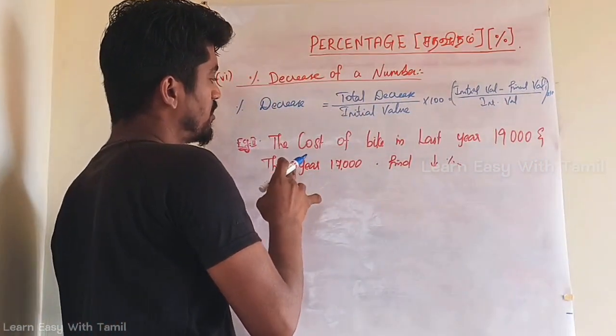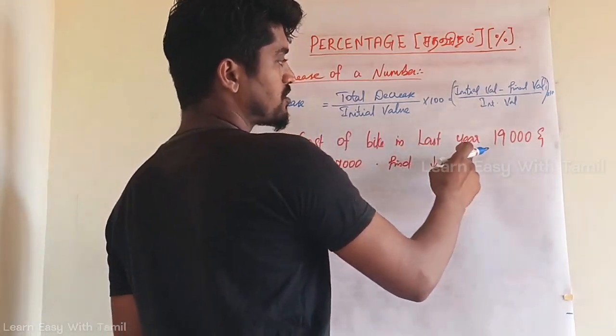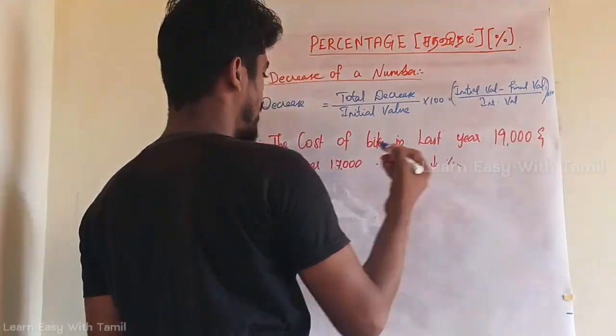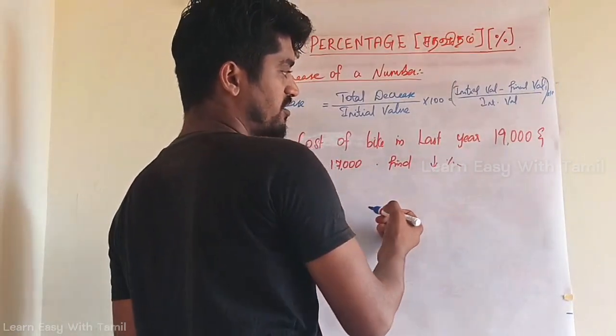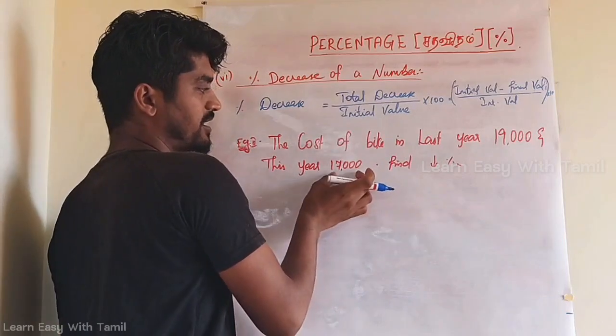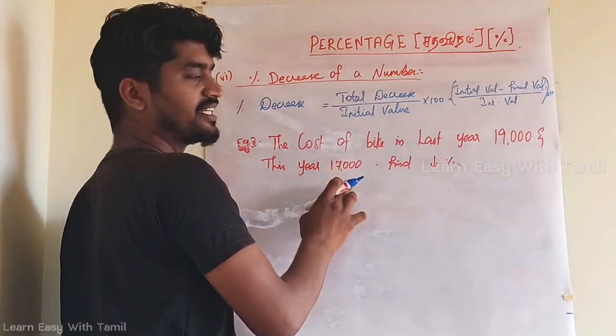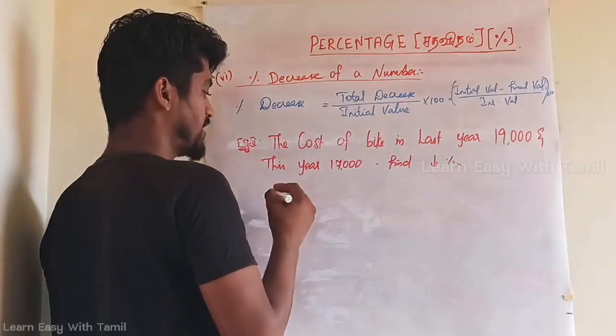For example, the cost of a bike last year is 19,000 and this year is 17,000. Find the percentage of decrease. Compared with last year, the rate of the bike has decreased. So we have to find the decreasing percentage.